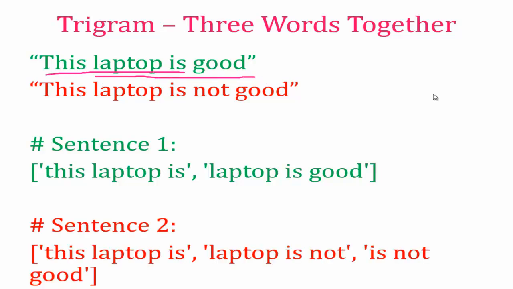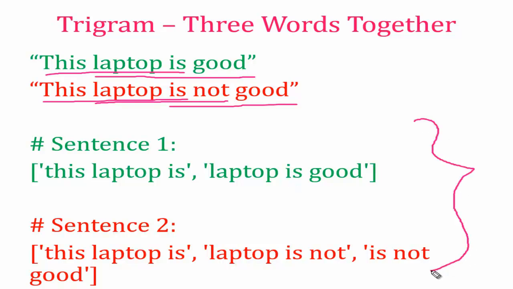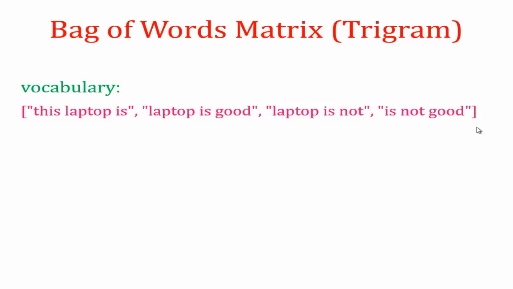And this is the trigram for our sentence 2: "this laptop is not good", right? So here are trigrams for our sentence 1 and sentence 2. From both the sentences, we collect all unique trigrams to form our vocabulary. And this is our vocabulary, a collection of unique trigrams from our previous 2 sentences.